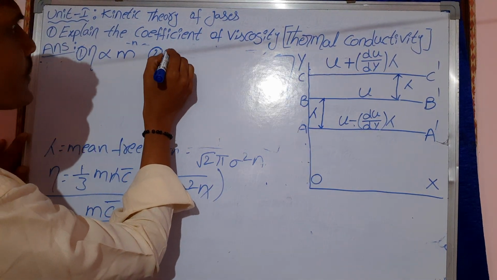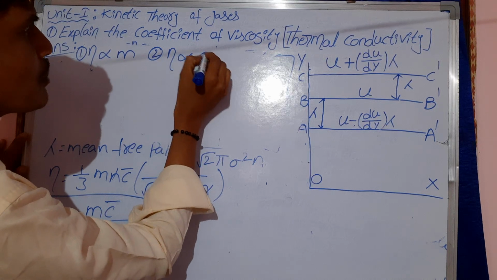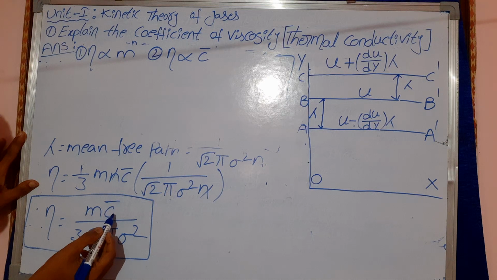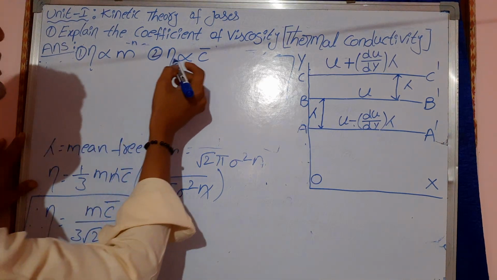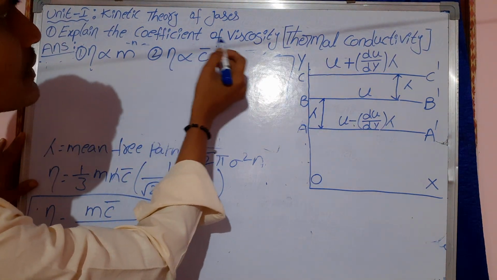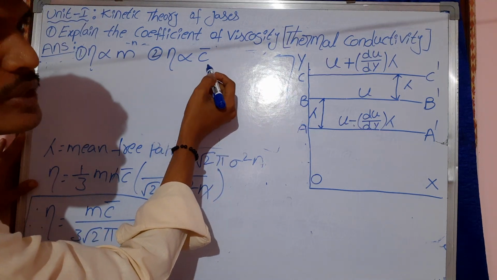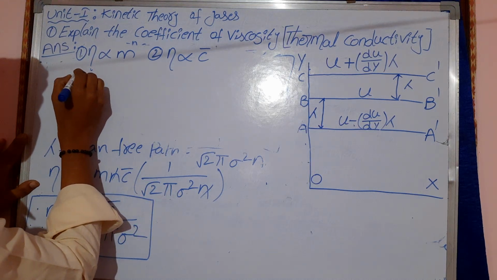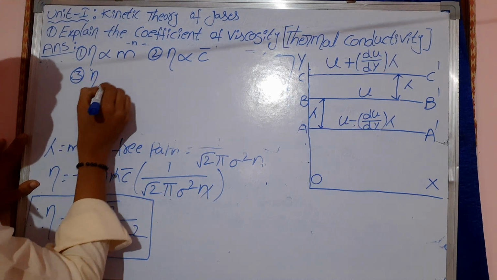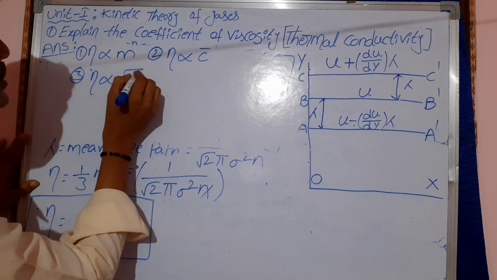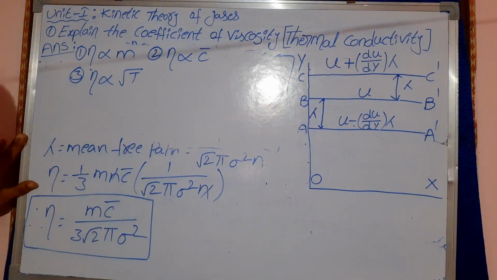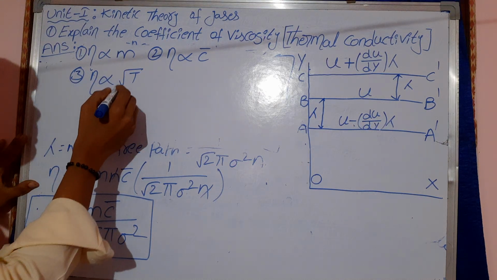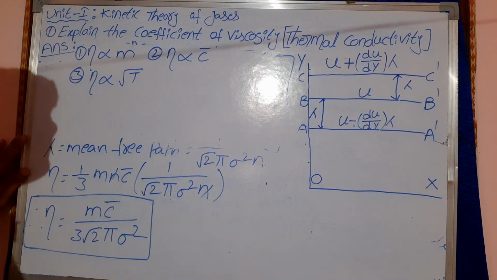Second, eta is directly proportional to c bar. C bar means average velocity. Eta, the coefficient of viscosity, is directly proportional to average velocity or Joule velocity. Third, eta is directly proportional to root T. T means temperature. The coefficient of viscosity is directly proportional to root of the temperature.